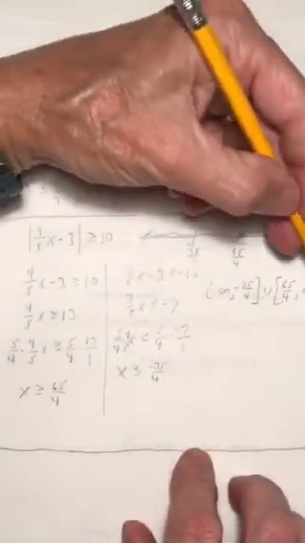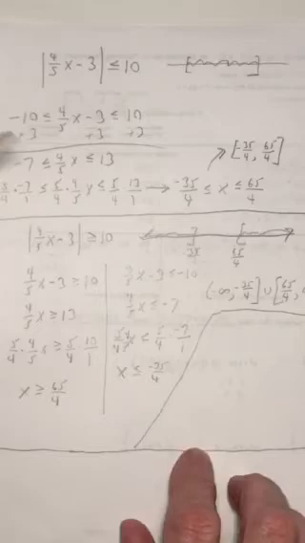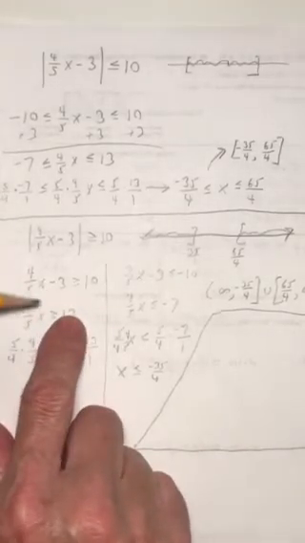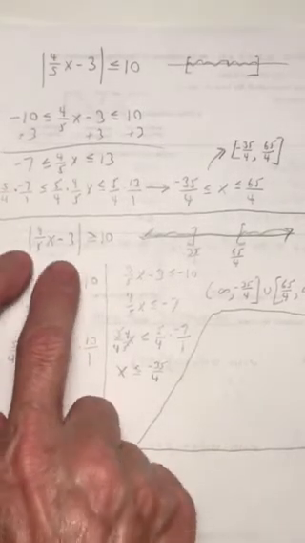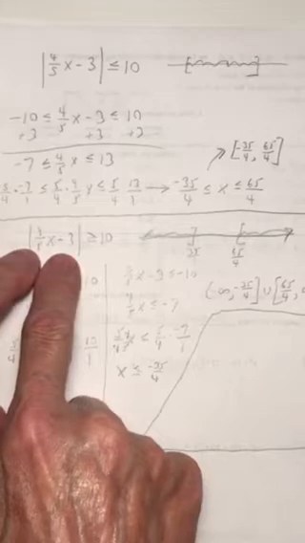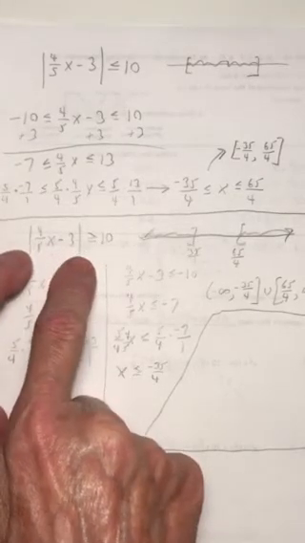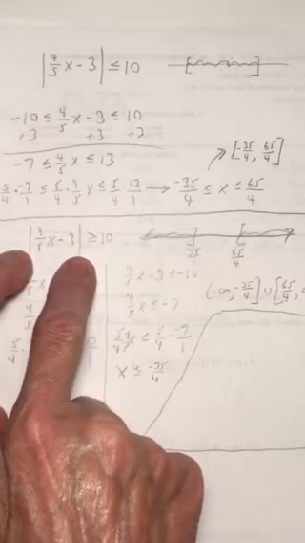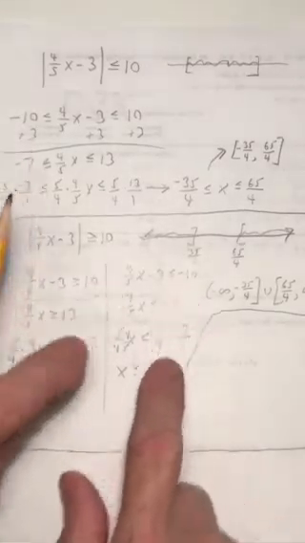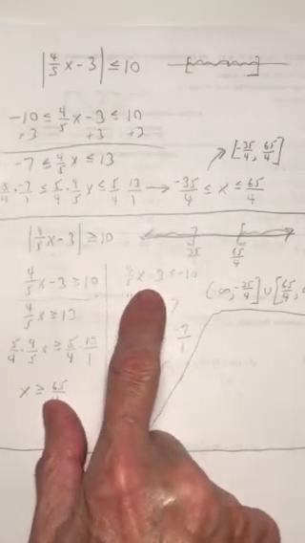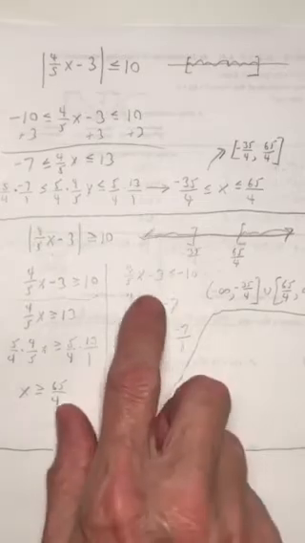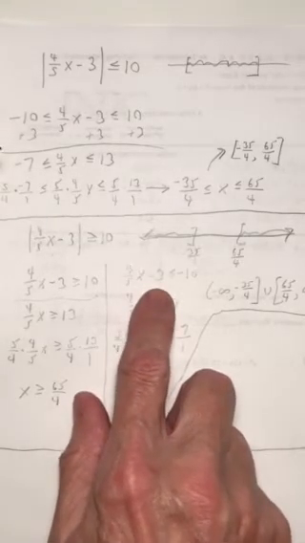Okay, and just as an aside, when we did this first part, we're assuming that the contents of the bracket is not negative, so that the absolute value didn't do anything. When we did this second part, we went with the assumption that what was in the bracket was negative.